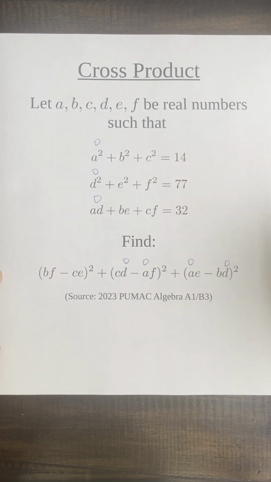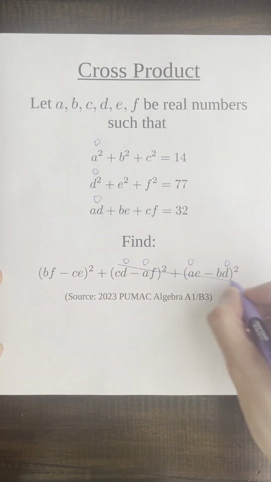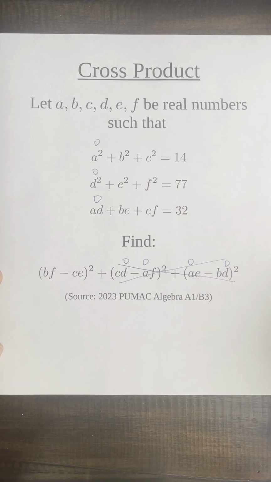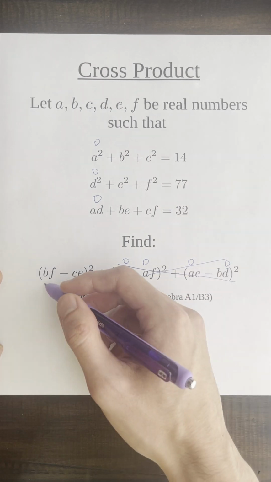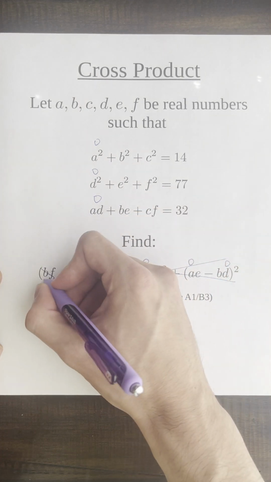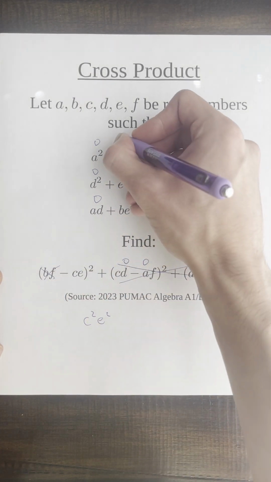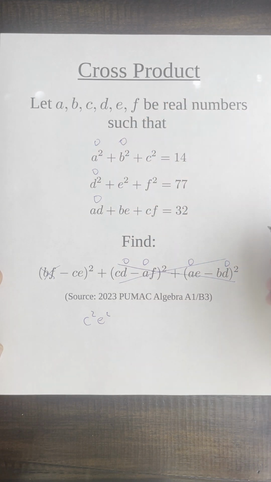And then, okay, one more variable. So if A is 0 and D is 0, we don't even need to calculate this part. So that's why I picked A and D. But let's go for B equals 0. Okay, so we don't need to calculate this part either. So the answer is just going to be C squared times E squared. This is going to be 0 as well.